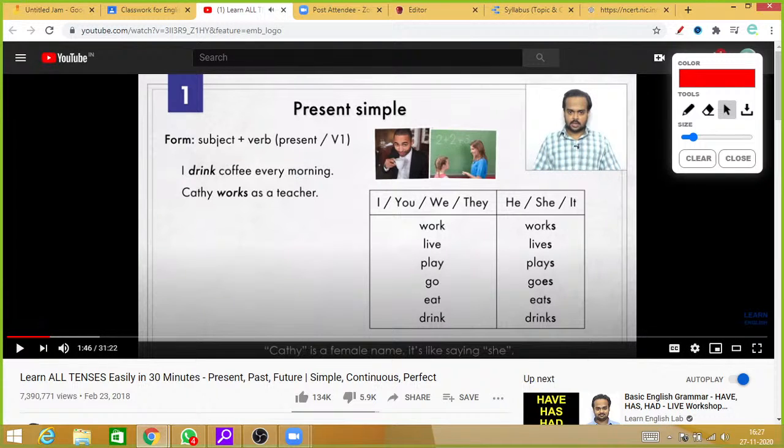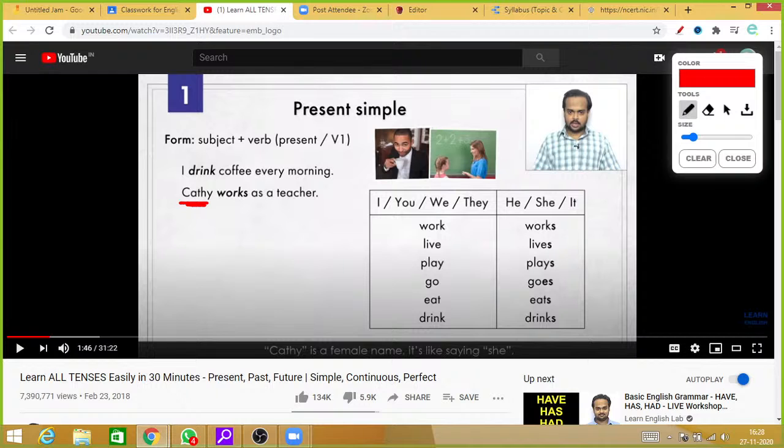Okay. Now, once he has said this, there is no need to memorize it. I saw when you made the sentence, Ganesh, you corrected it yourself. So it automatically comes. But now when he's saying I, you, we, they, he, she, it, the word here is Kathy.